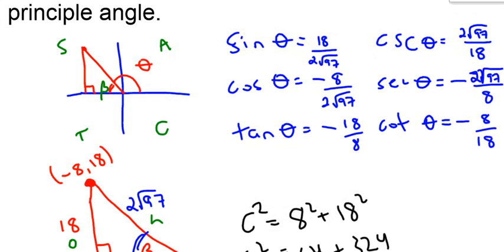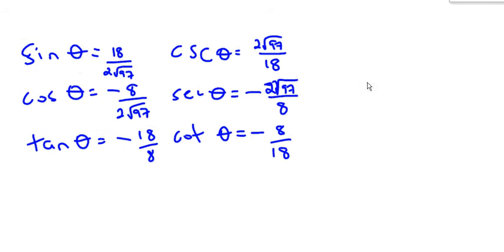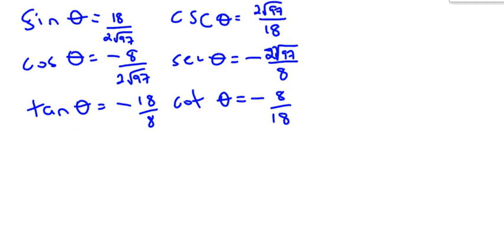So those are my values, but some of them need to be worked on for sure because I've got some fractions that can be reduced. I've got some rationalizing to do. So let me just take all this stuff to a nice clean page. Hey, it worked. And let's clean this up a little bit. So in sine, I have a few things to do.